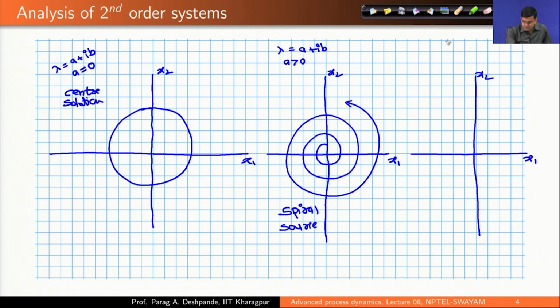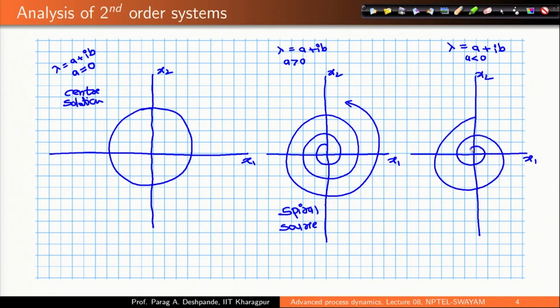And in contrast, when lambda is a plus i b, when a is less than 0, you start with a point and then you spiral down towards 0, and this would be spiral, but spiral sink.